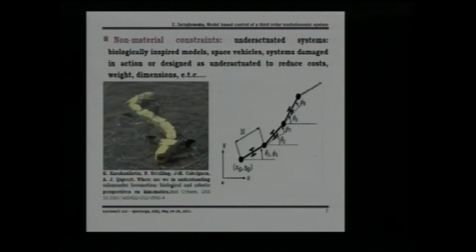It works really well. Now, also, when the wheels are not powered, like in this snake-like manipulator, then the system becomes underactuated. It means that there are fewer control inputs than degrees of freedom. You need dynamic models.